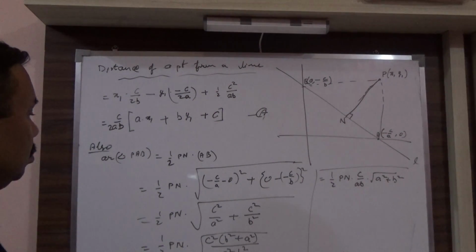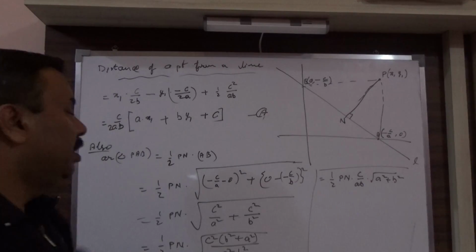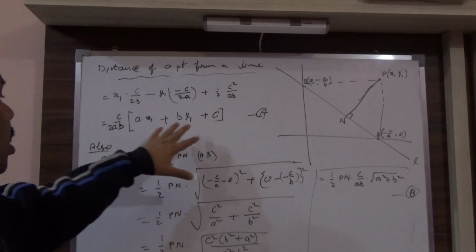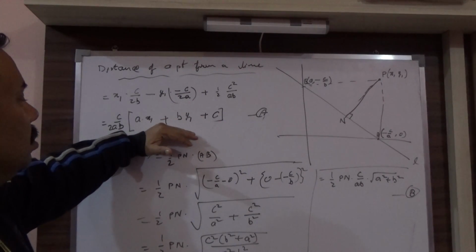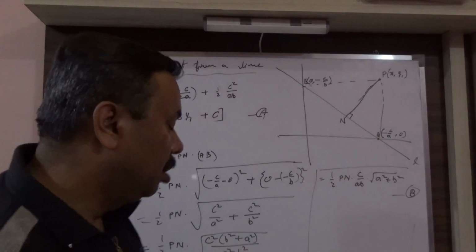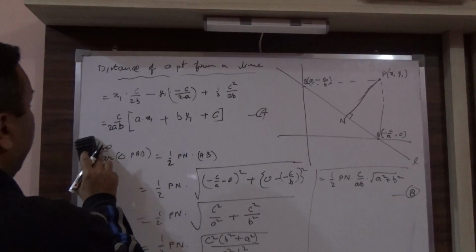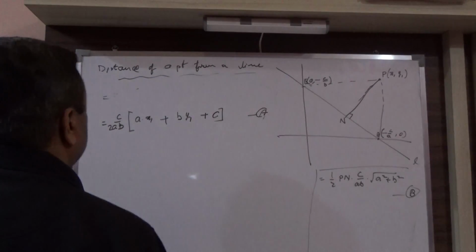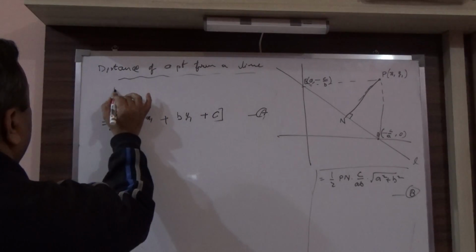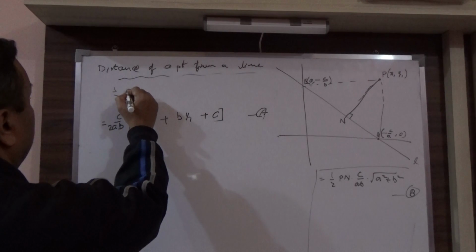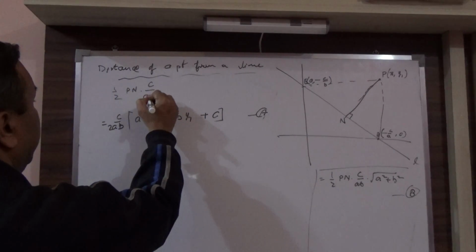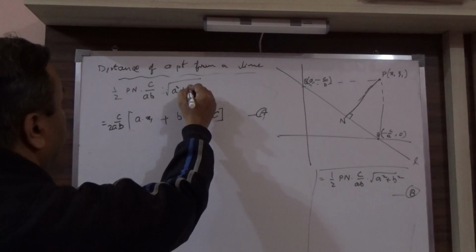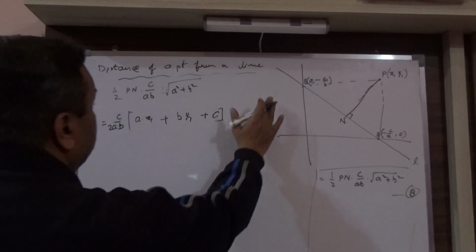So if I take it as the second equation, now from A and B, what you get is this one is equal to this one. So from A and B, I can write half of PN into C by AB multiplied by square root of A square plus B square is equal to this.